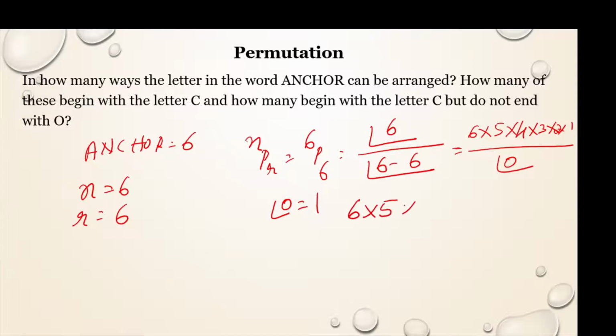Now we have 6 into 5 into 4 into 3 into 2 into 1, and if you multiply this you will get 720. So in 720 different ways you can arrange the word ANCHOR.